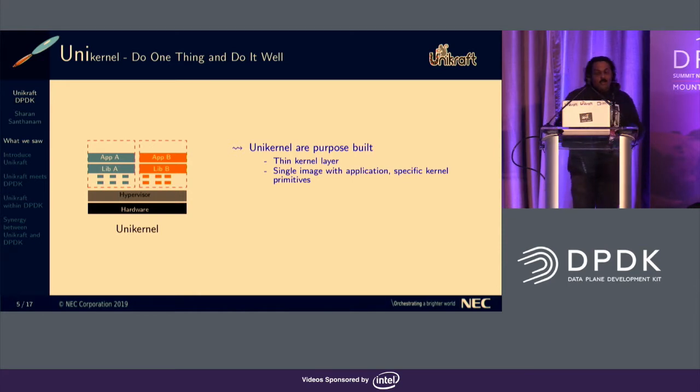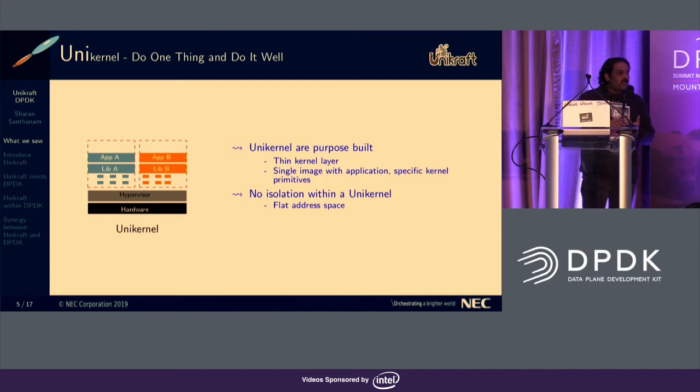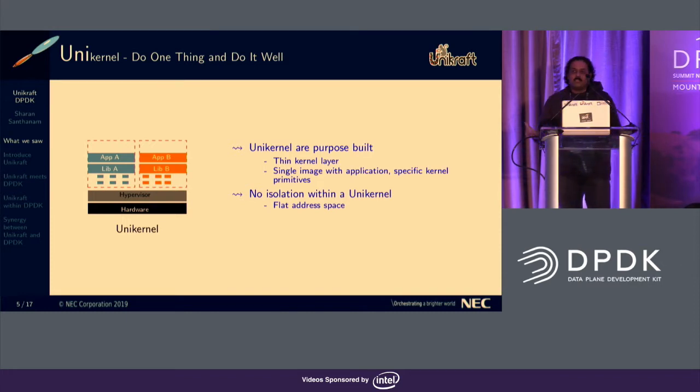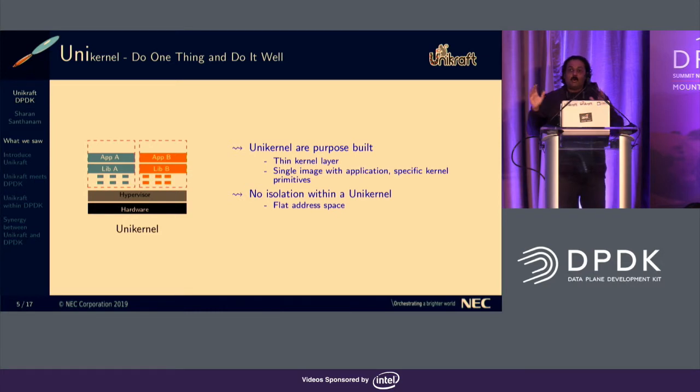What does it mean with respect to the memory map of your process image itself? All the memory separation between kernel mode and user mode is removed, and your application basically runs in ring 0.